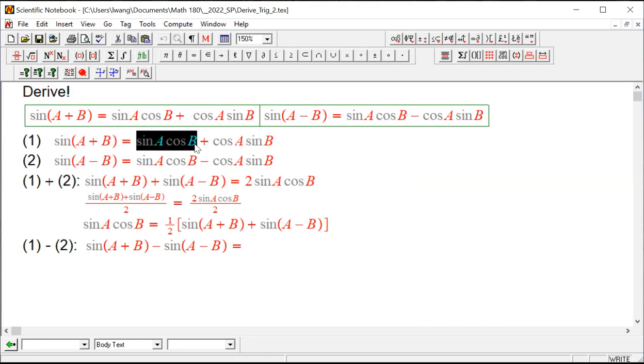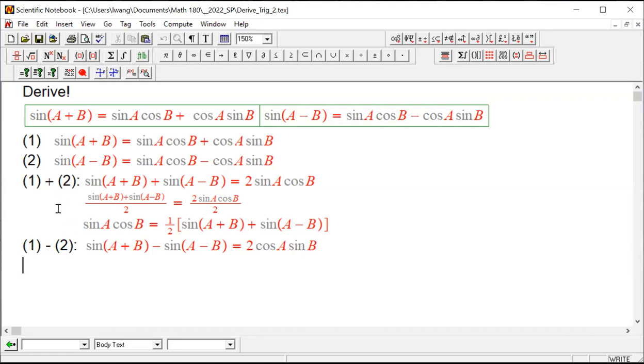This piece is identical, so that makes 0. And this piece subtracting negative cosine A sine B gives twice cosine A sine B.